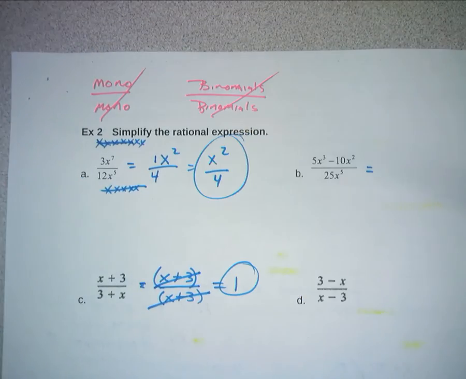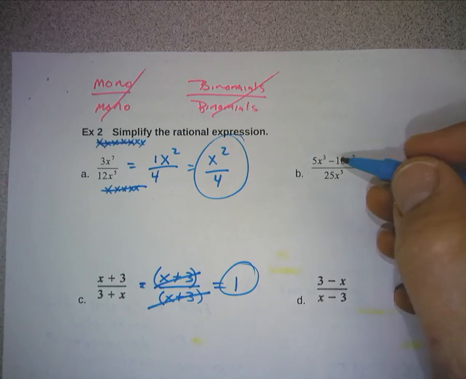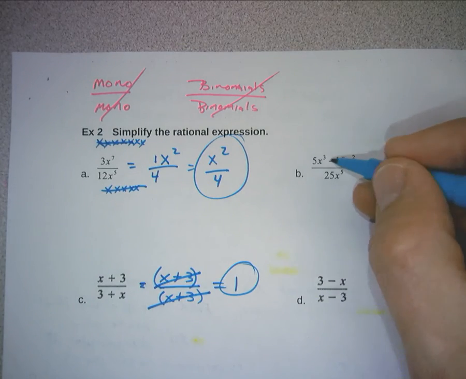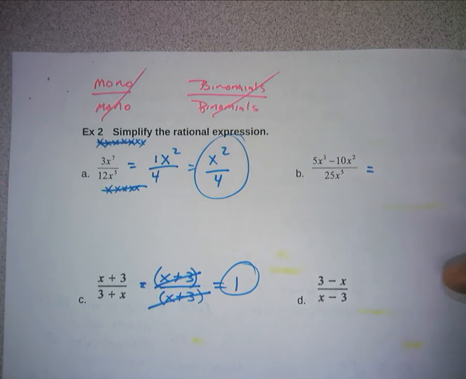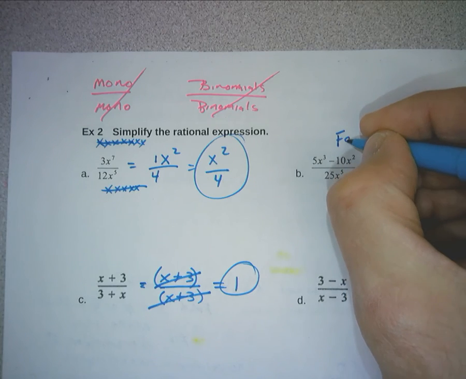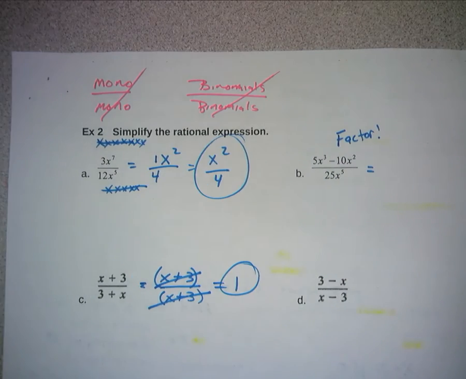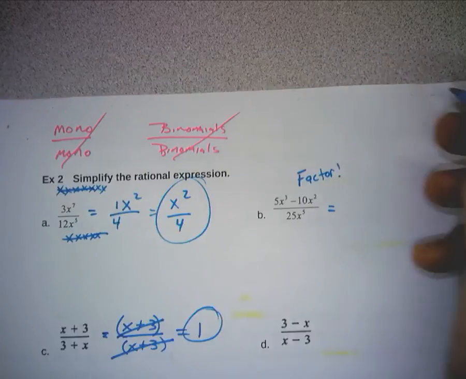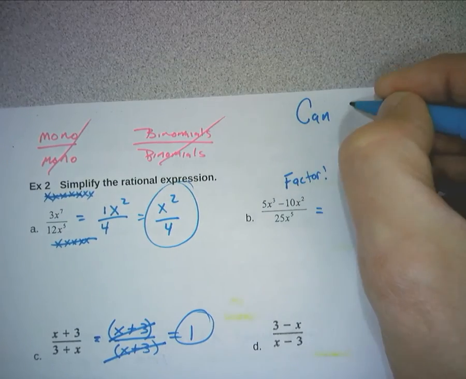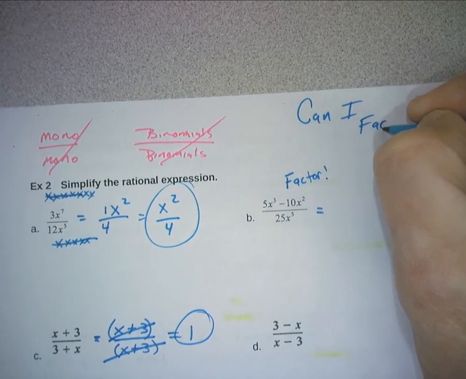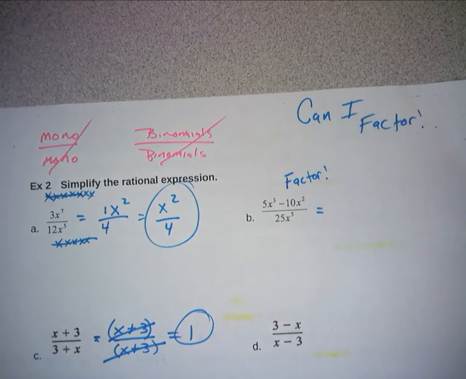Only monomials reduce monomials. You can't split up this binomial unless you factor. So before you start trying to cross things off, ask yourself, can I factor? So write this, can I factor? Question mark. That's what you should be asking yourself.